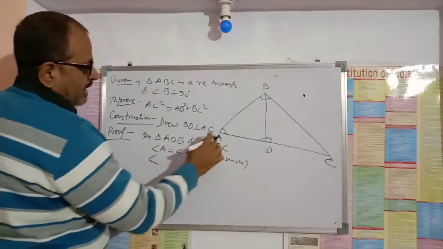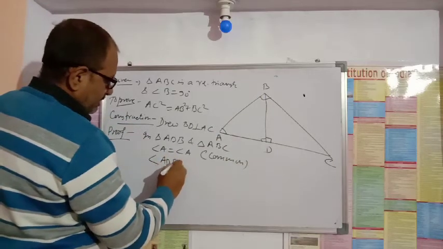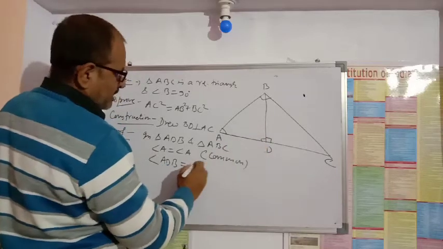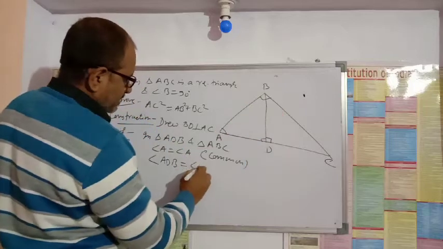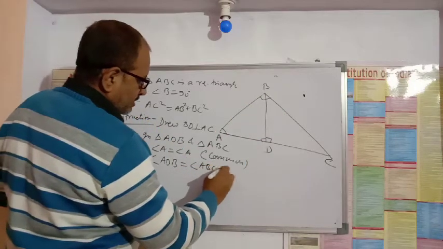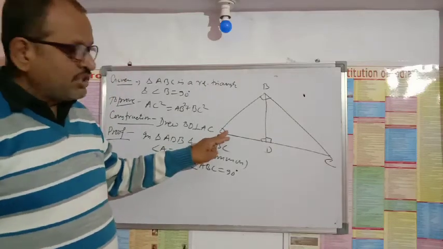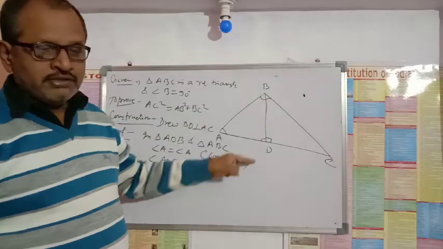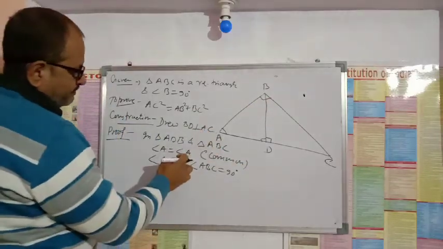And angle ADB is perpendicular, so it is 90 degrees. And in the big triangle, angle B is 90 degrees. So this is common in both. Angle D and the complete angle B, these two are 90 degrees each, so two angles are equal.